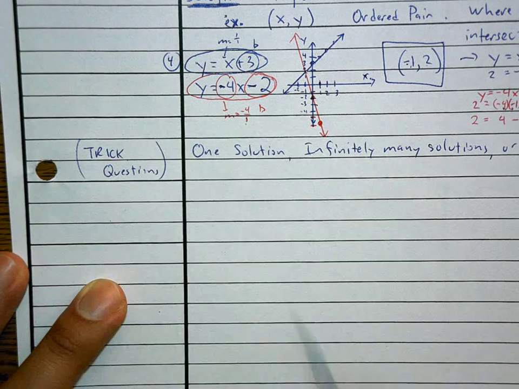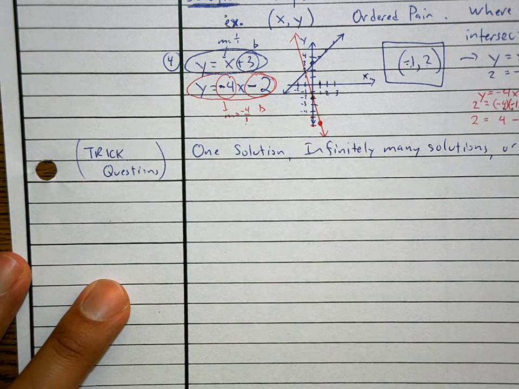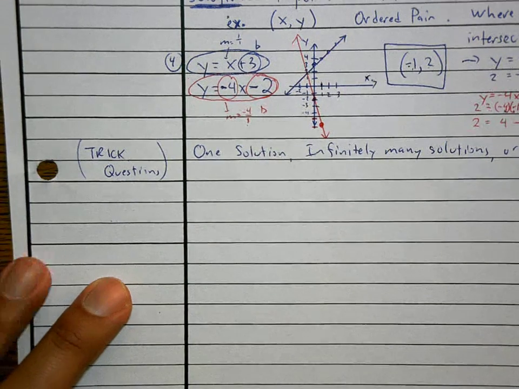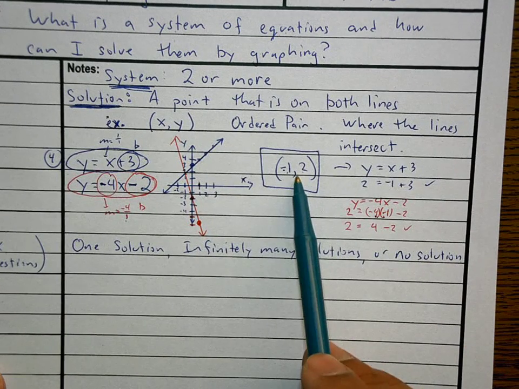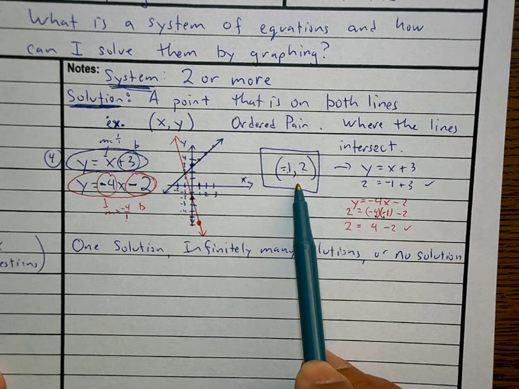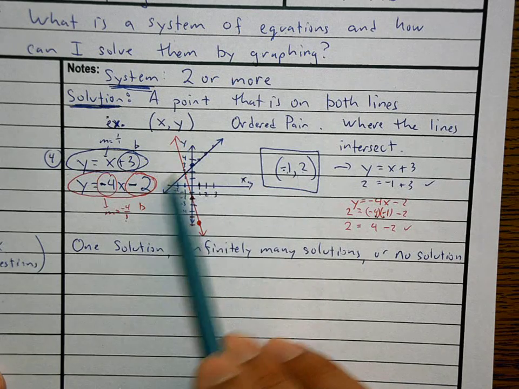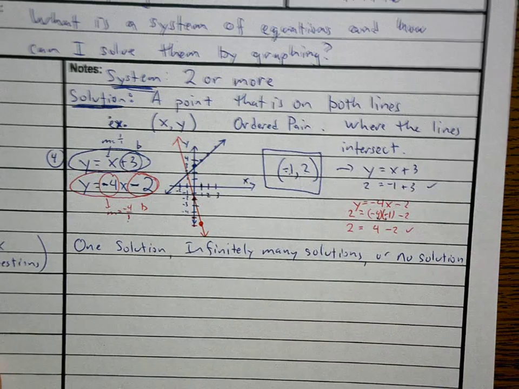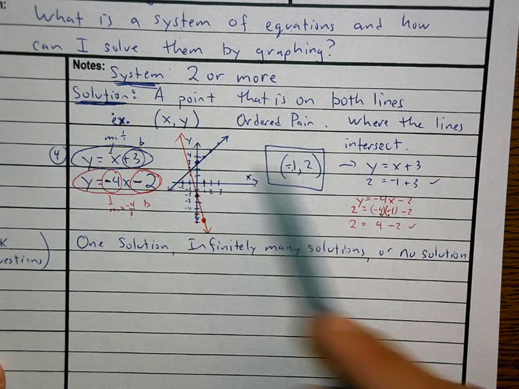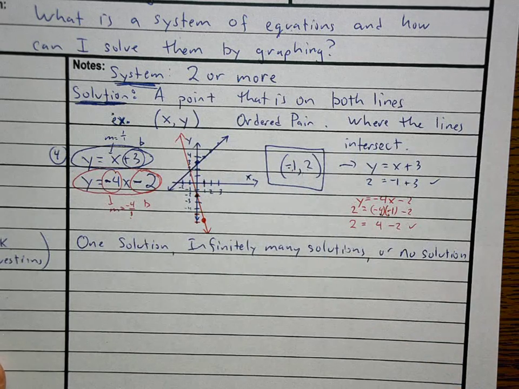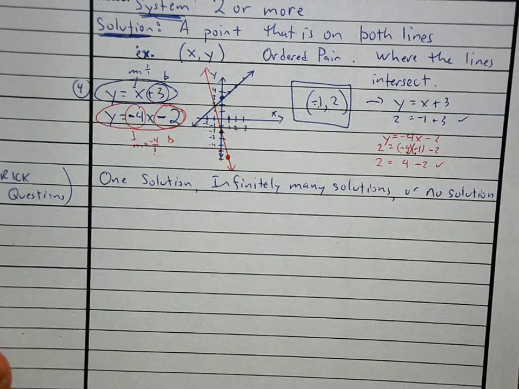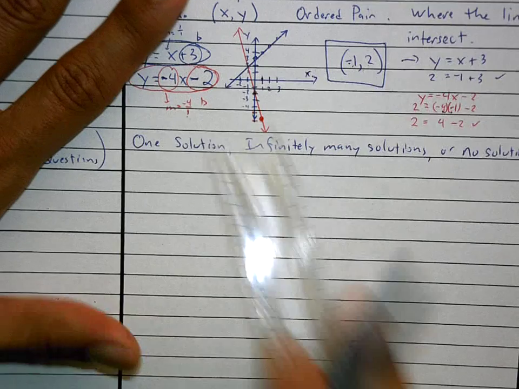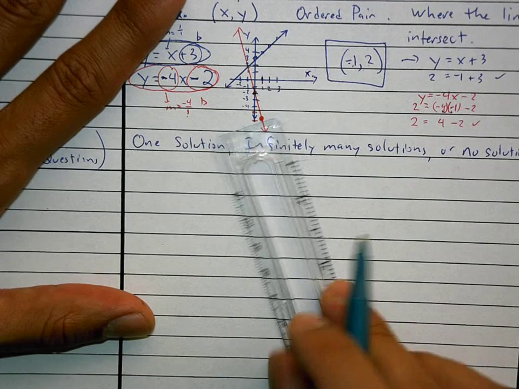The front side, there are no trick questions. You're all going to get an answer. You're going to get things that have one solution, just like we did right here. This means there's only one solution where the two lines intersect. It's only one place, right? That place, right there. But sometimes there might be something like this. There are two other possibilities that might happen. Let me show you what infinitely many solutions look like.